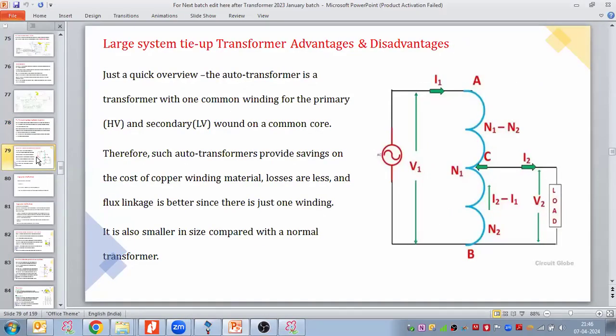Now let us discuss when we are using an ICT or an auto transformer, where HV and LV are directly electrically connected. So what is the advantage and what is the disadvantage of the auto transformer?